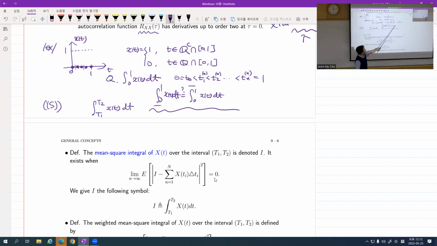But what is the definition of this one? That is defined as n tends to infinity. As I told you, we already introduced some sequence of partitions, right? And the bigger partition must include the points of the previous partition. Now we sum up the value from each interval. There are n intervals in the nth stage, right?